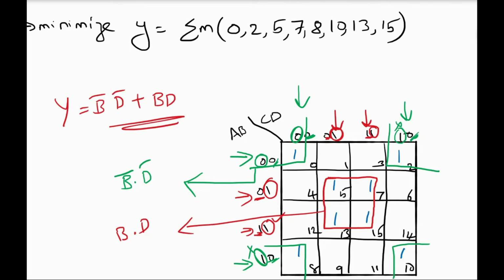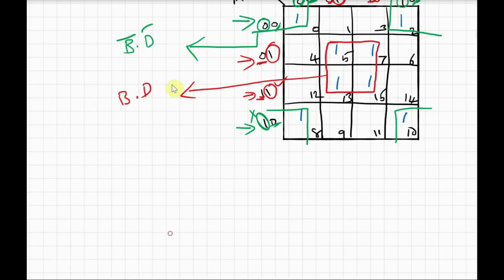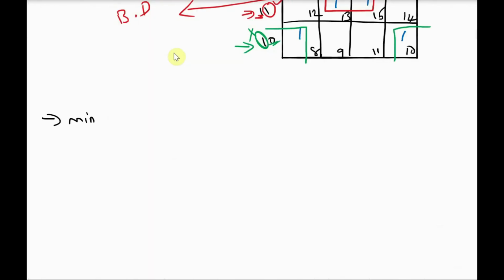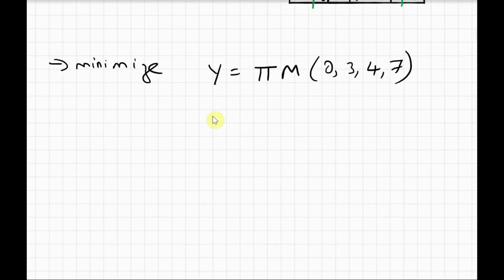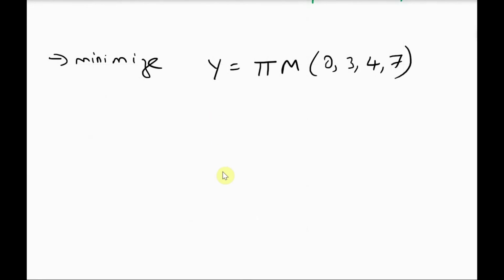So now we will see another question. Minimize y is equal to pi m of 0, 3, 4, 7. The question is given as pi m of 0, 3, 4, 7.